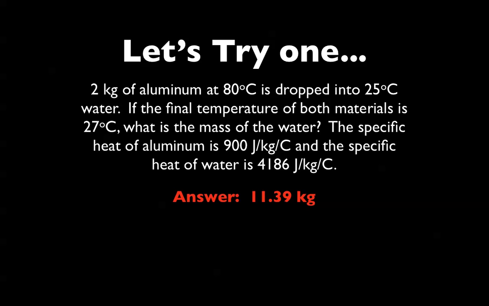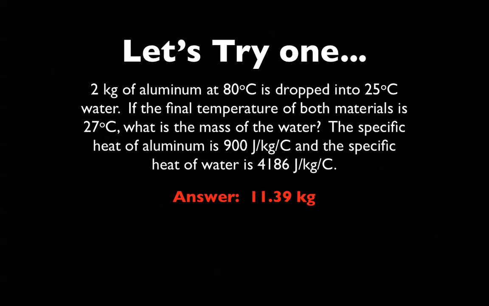Okay, so you have a bunch of numbers going on in here, and we're going to work through it. Before I say stop the video and try it, first think about what object is losing heat and what object is gaining heat. Once you have that, you can separate their values for them on each side.